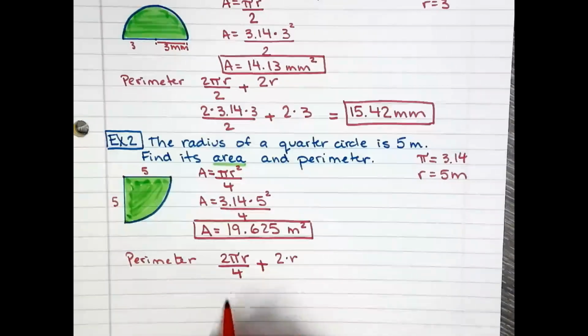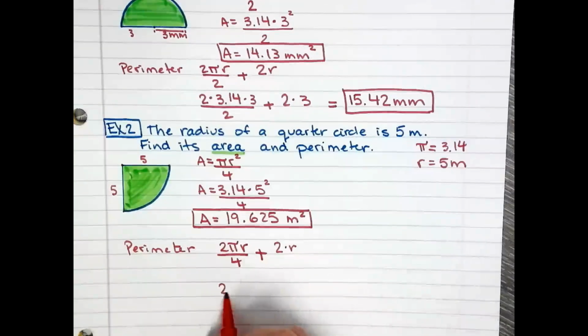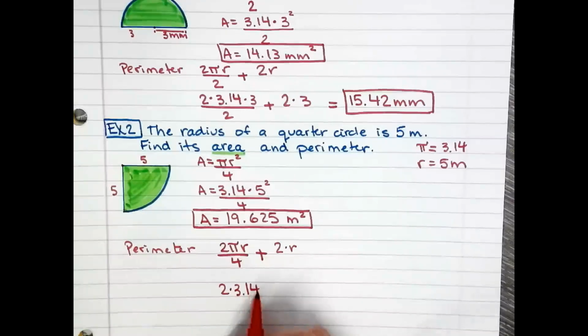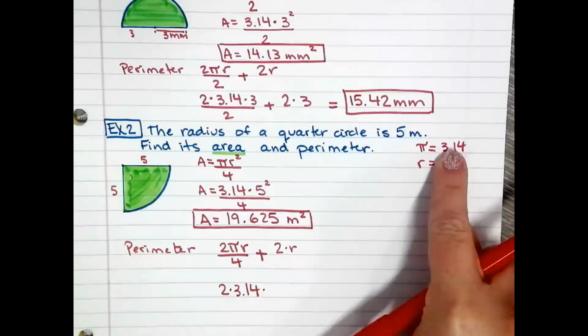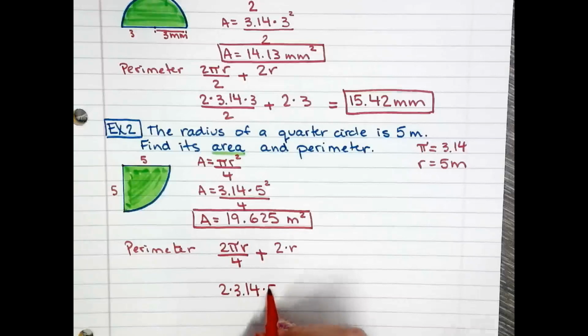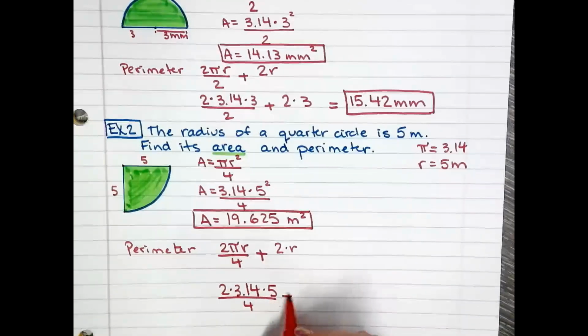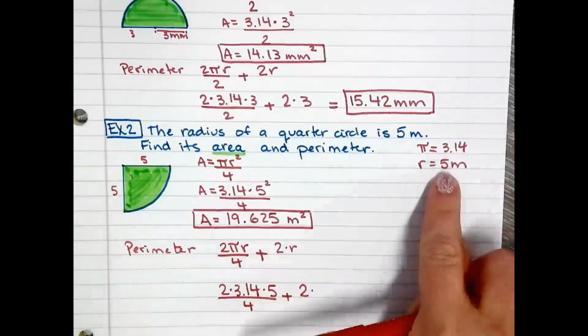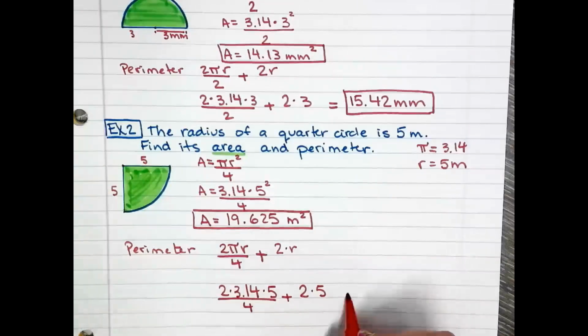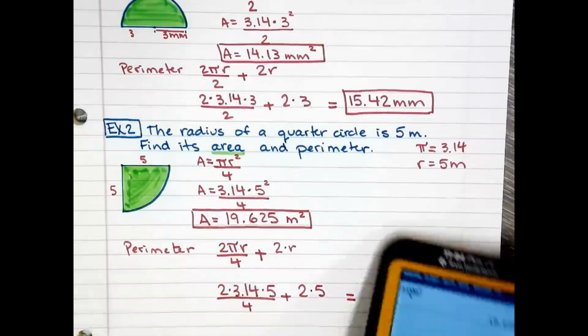So 2 times 3.14 for pi, the radius is 5, divided by 4, and 2 times r right there. Put it all in the calculator.